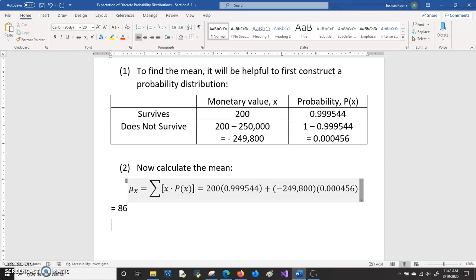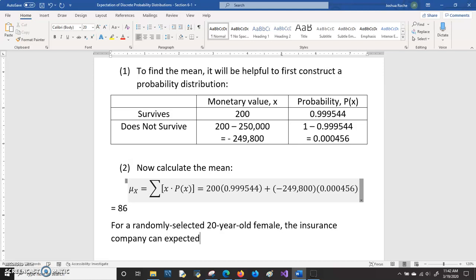So 86, and the interpretation is that for a randomly selected 20-year-old female, the insurance company can expect to profit on average $86.